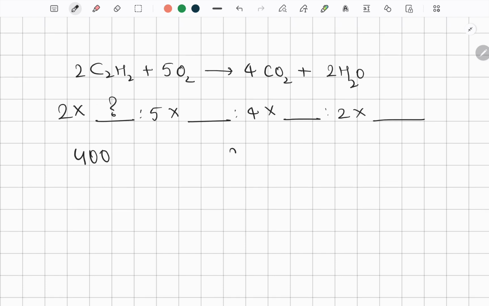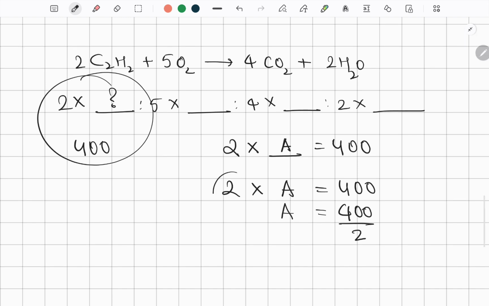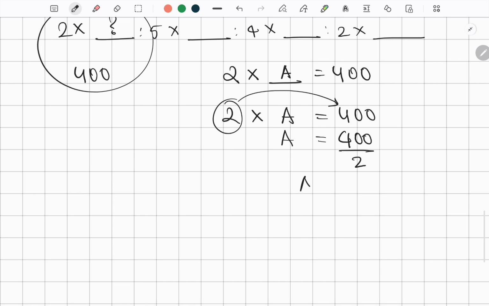Imagine 2 into dash is equal to 400. Now instead of dash, I will write a over here. So 2 into a is equal to 400, and a is equal to 400 by 2. Why? When this 2 goes to the other side, it makes 400 by 2. So a is equal to 200.